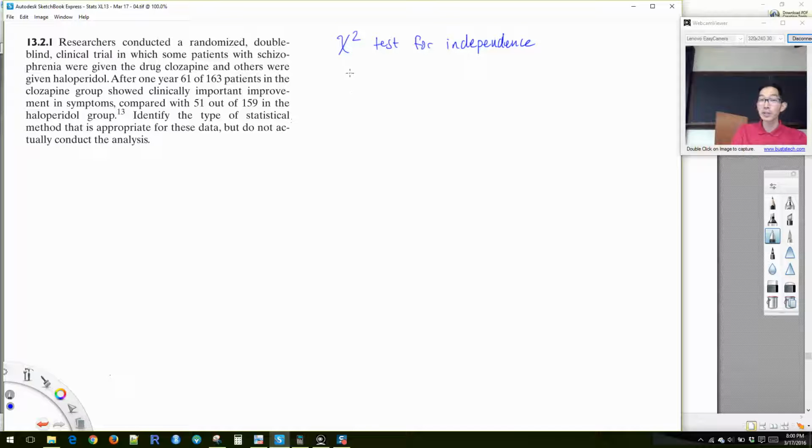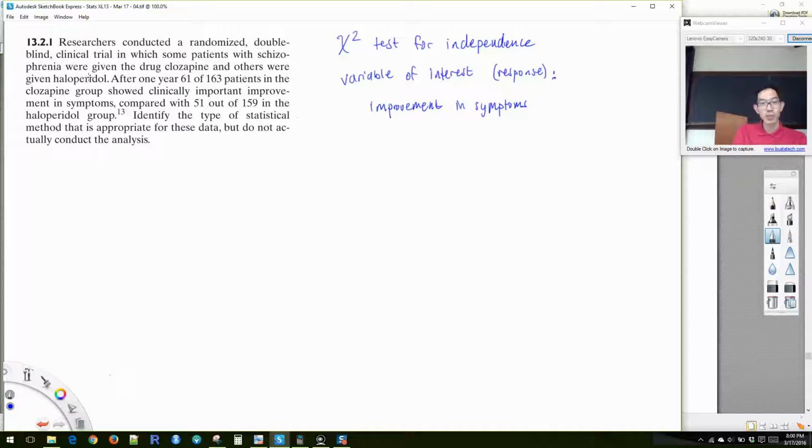Okay, so let's think of what is the variable that we're interested in. Improvement in symptoms. This is the variable of interest, which would be our response. How is improvement in symptoms recorded?